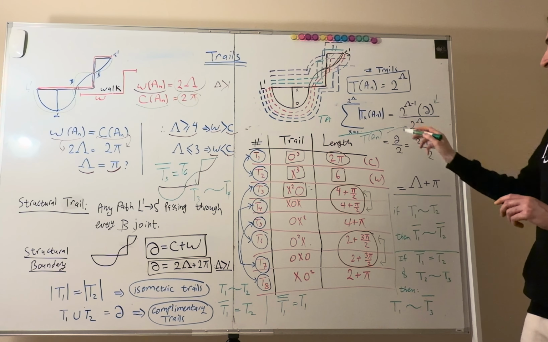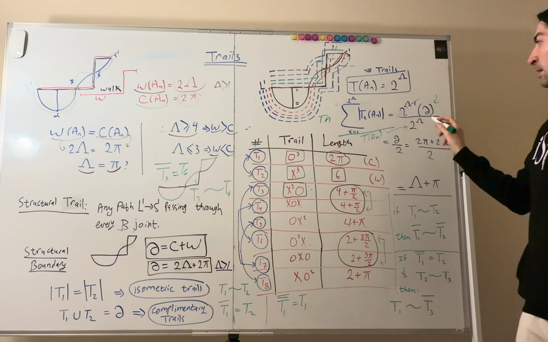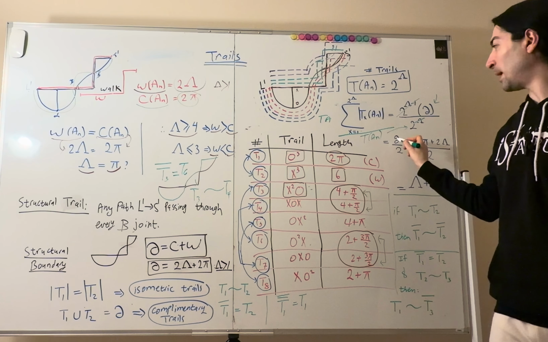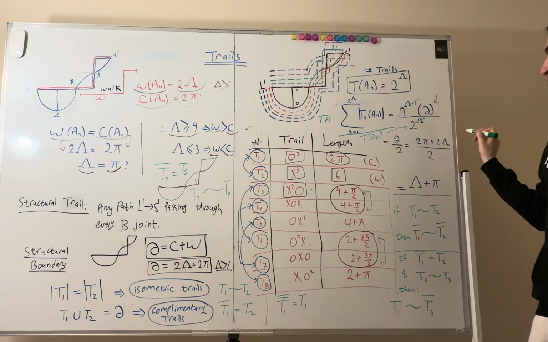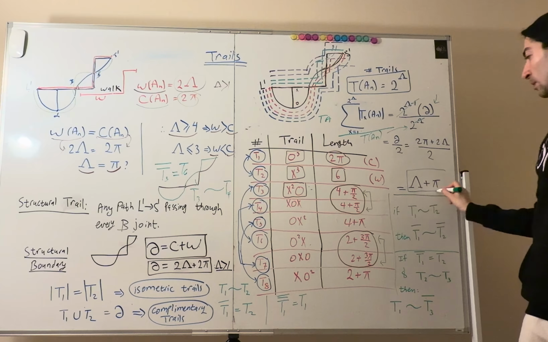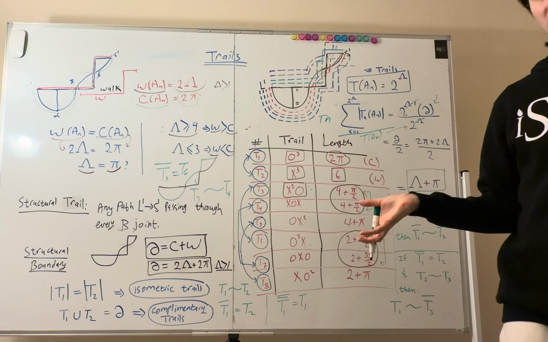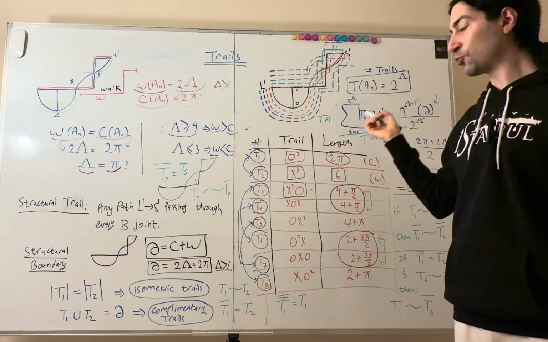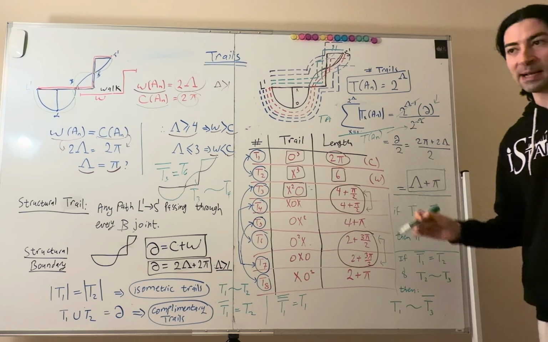So this is easy to remove these. The 2 to the lambda minus 1 is gone, and the lambda here is gone. We're left with 2. So this gives us the boundary divided by 2. We know the boundary is equal to 2 pi plus 2 lambda, divided by 2. It adds up to pi plus lambda. So the average length of a trail of a sectoral structure is equal to pi plus lambda.